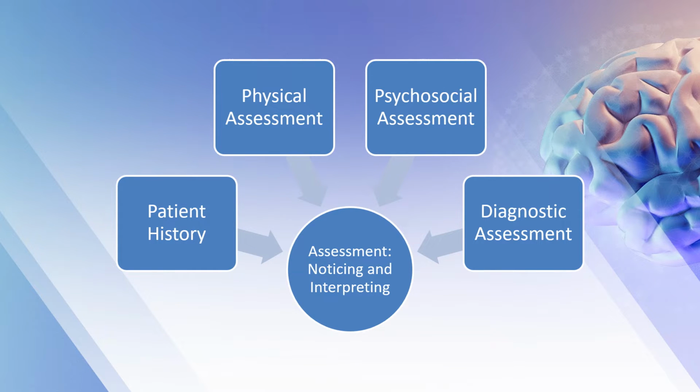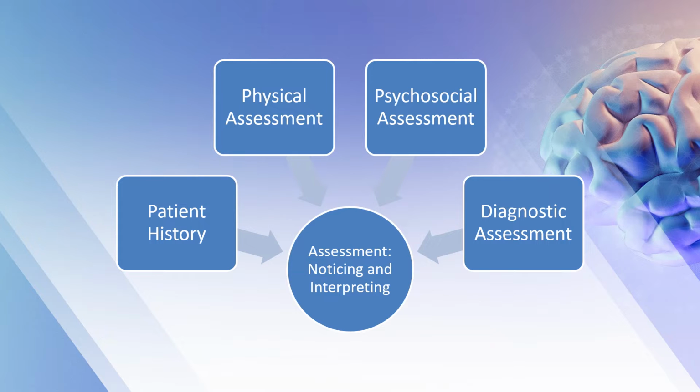Our assessment of the nervous system is divided into 4 parts that we will dig a little deeper into. Those being the patient history, that's setting a baseline and getting a background on our patients. Physical assessment, of course, that's our head to toe or our specific assessments on the neurological system.